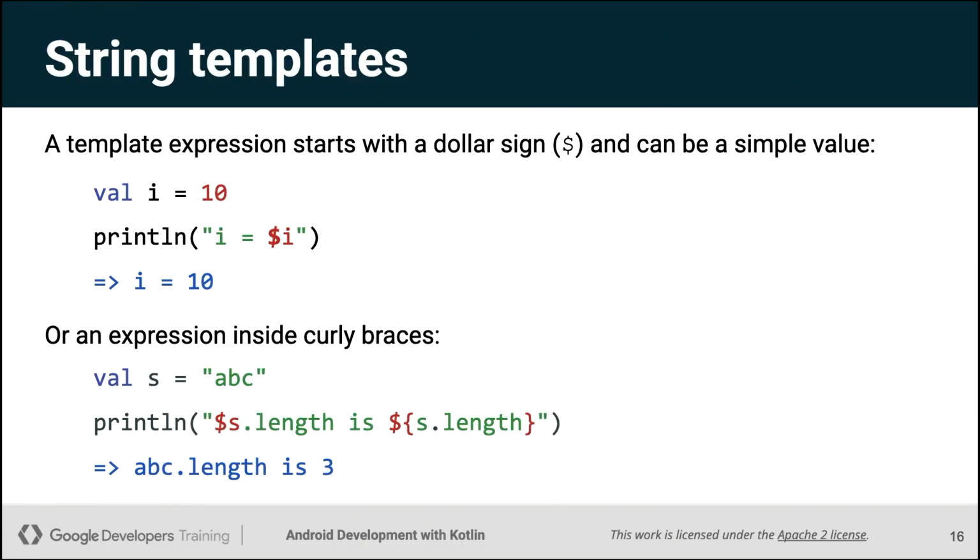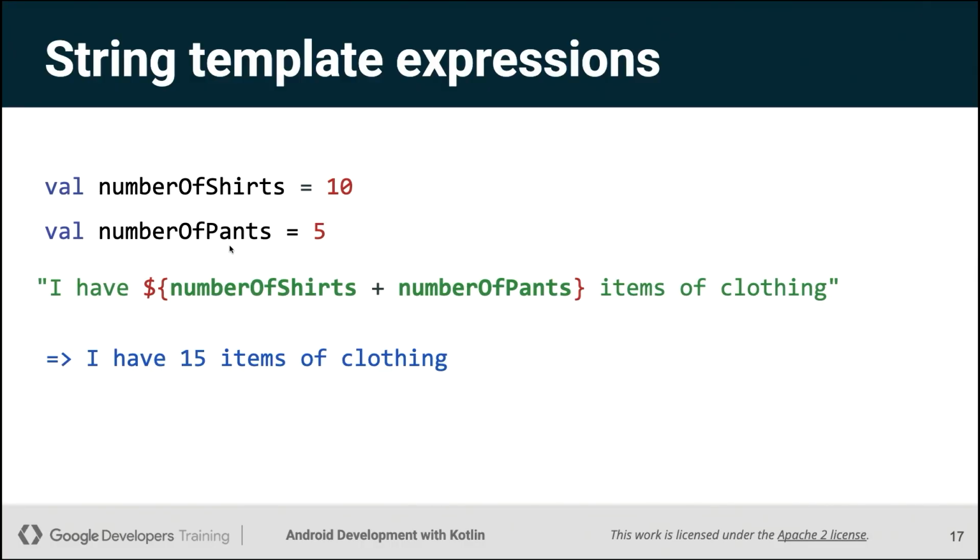It will not call the .length property of it. So this will be s, but this will be this piece .length. So if you have some kind of math or calculation, obviously curly braces are required, and .length was calculation, right? Method call.